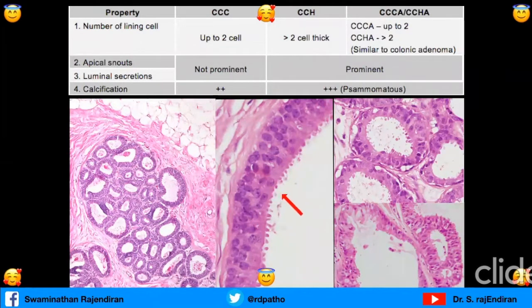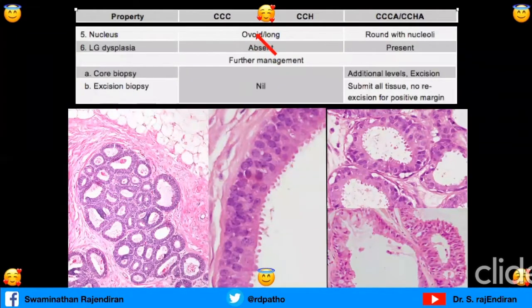Apical snouts are very prominent in columnar cell hyperplasia and with atypia. Calcification is very common in hyperplasia and with atypia. The nucleus is ovoid or long, whereas in the lesions with atypia, it will be round with prominent nucleoli. Low grade dysplasia is present in atypical conditions.